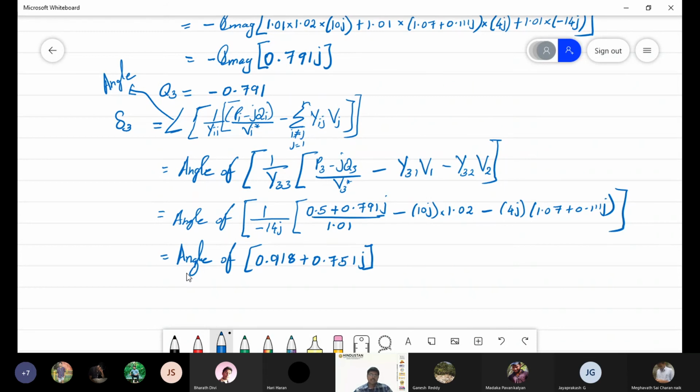Okay, now you need to find the angle. For that, how will you find it? Just convert this into polar form. As of now, it is in rectangular form, so convert rectangular form to polar form, and tell me what value you are getting.